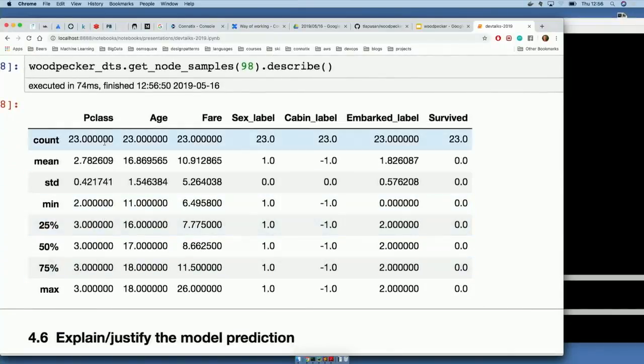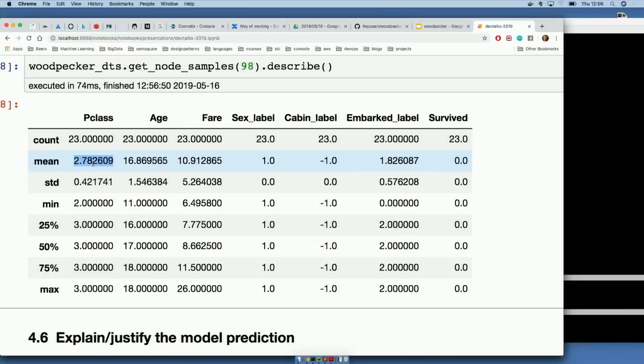So yes, you are right. You can see that the mean is almost 3. The standard deviation is very low, so it means that all the passengers from that blue leaf are from P class 3. And P class 3, if you remember, represents a lower social economic status. So lower social economic status means they are poor. It's interesting to look at the age.